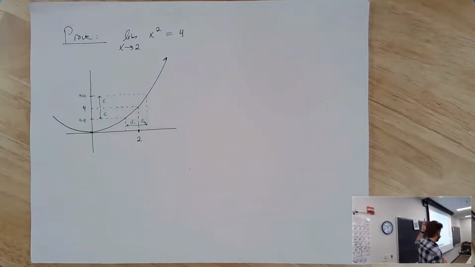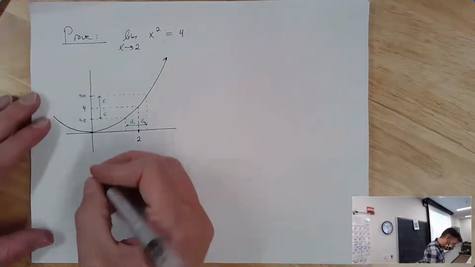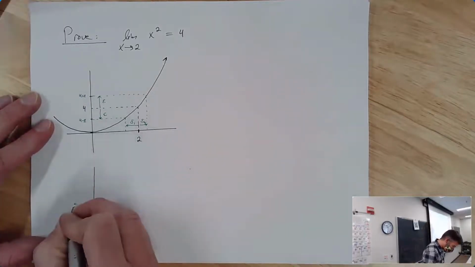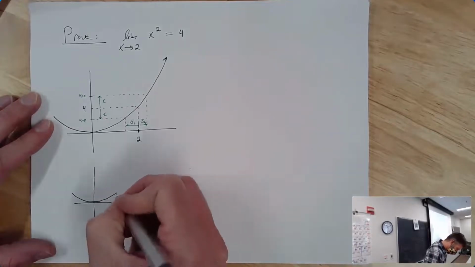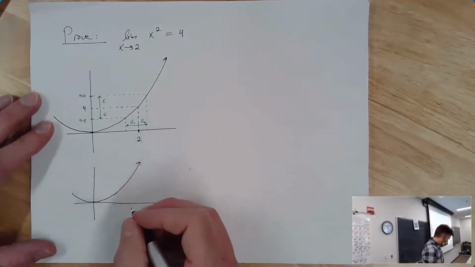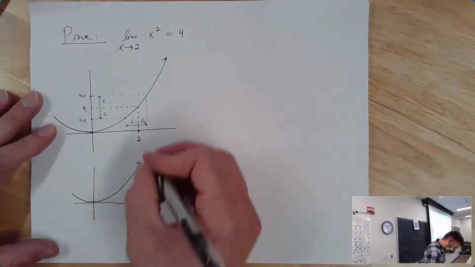So when we have different values, we want to pick the delta. What delta do we want to pick? Do we want to pick the smaller delta or the bigger delta? Let's look at the pictures. Let me see if I can draw this nicely. So let's say we pick the bigger delta.